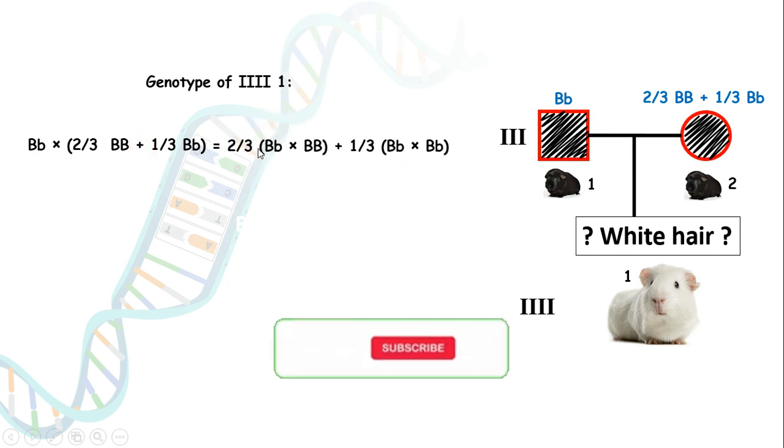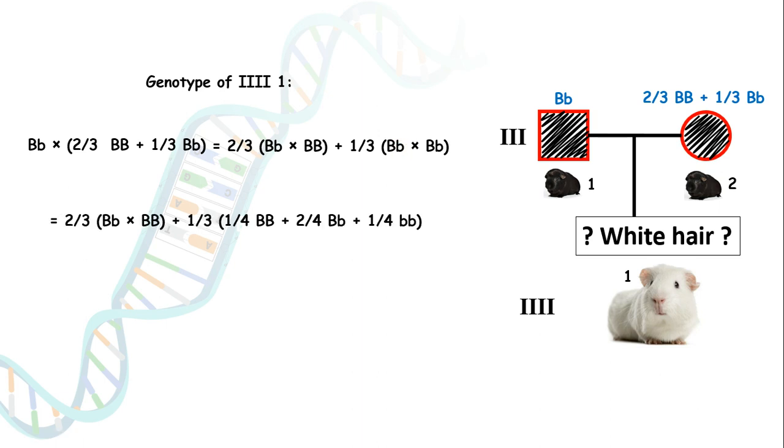So we will have 2/3 of the cross of capital B small b to capital B capital B and 1/3 of the cross between two heterozygous genotypes, which if we calculate, we finally have these proportions. So the combination of these genotypes will create black hair always, because there is no recessive allele in this one that can come together and make white hair.